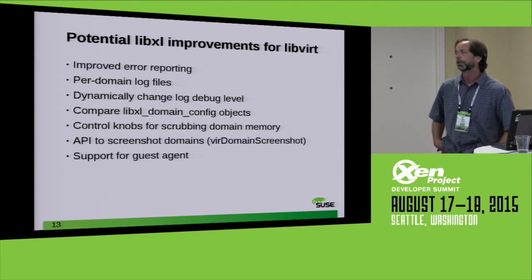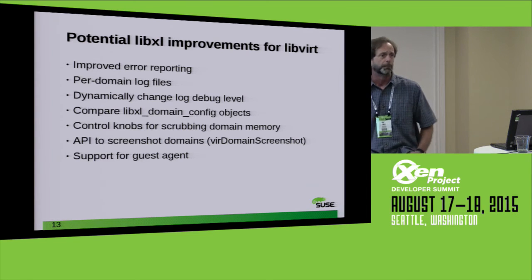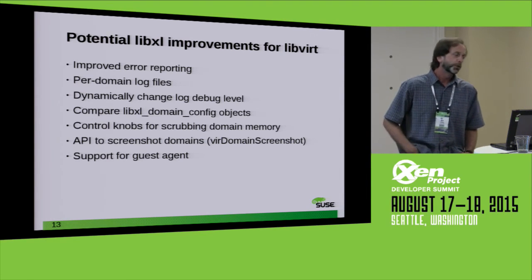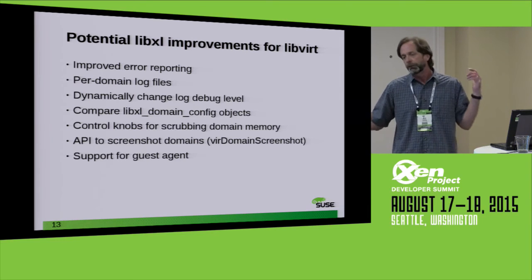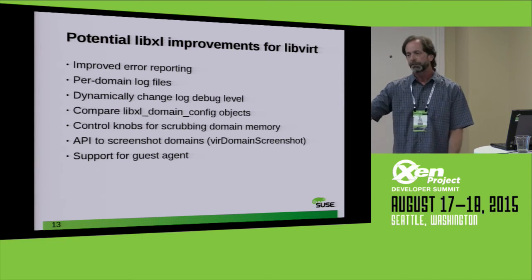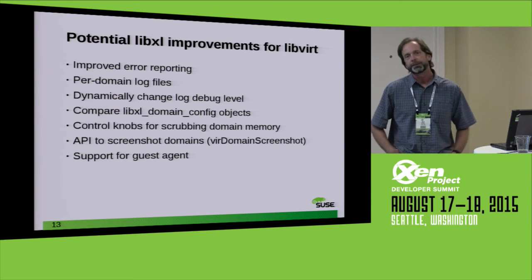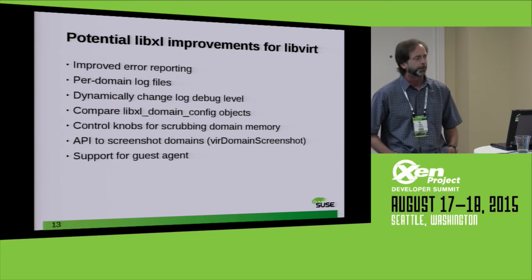Another thing that really drives me crazy is memory scrubbing. There's no way for me to control this. I have some 512 gig VM, and you go to shut it down, and 10 minutes later it's finally gone, all the while scrubbing that 512 gig of memory.